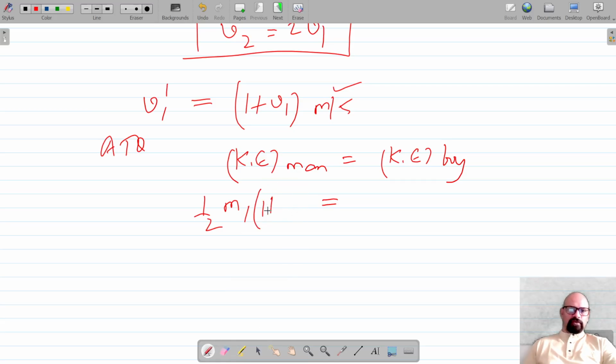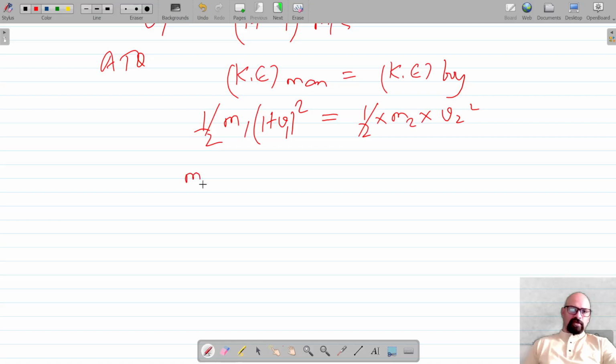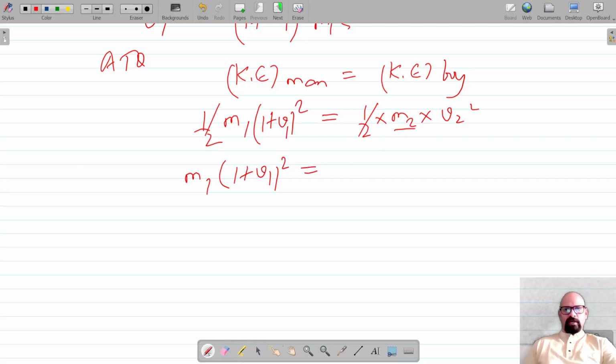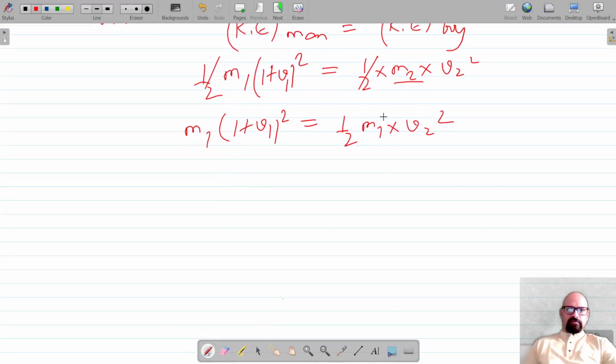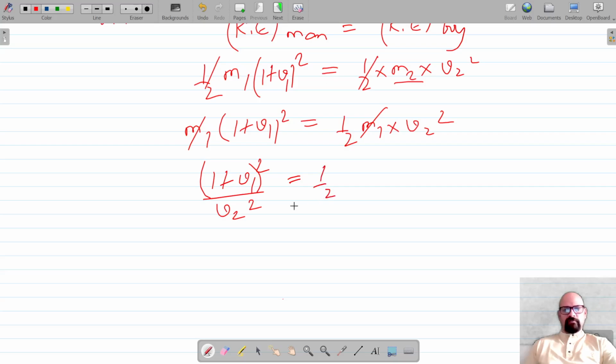Let's write down the new speed, which is 1 plus v1, the whole squared, and this is half into m2 into v2 squared. Half and half get cancelled. So m1 into (1 plus v1) the whole squared. Now the mass of the boy is half the mass of the man, into v2 squared, which gives us (1 plus v1) the whole squared over v2 squared is equal to half.